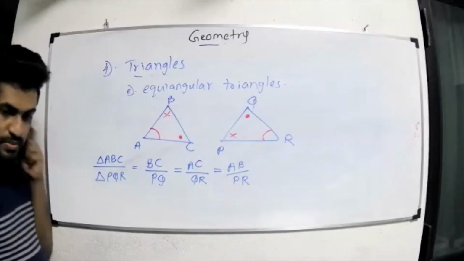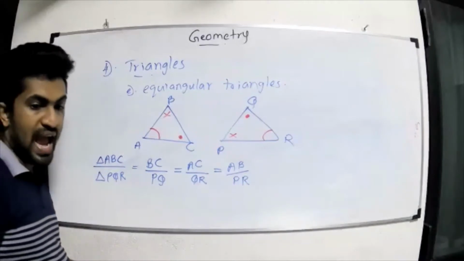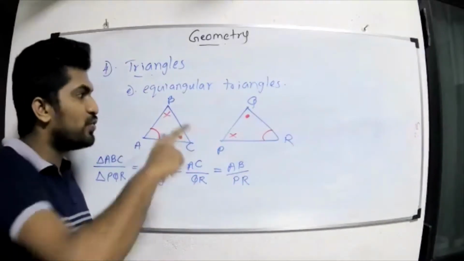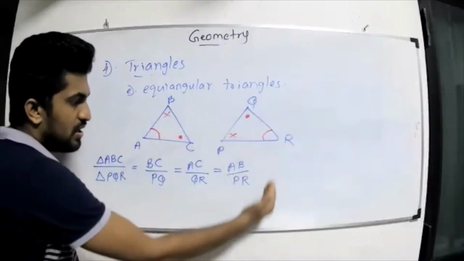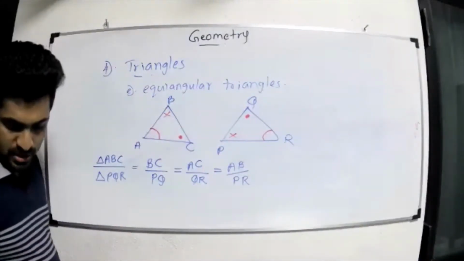This is the relationship. If you can show at least two angles of two triangles are the same, then you can write down this relationship.